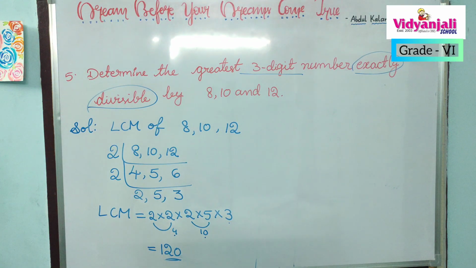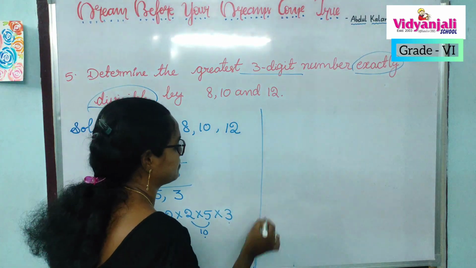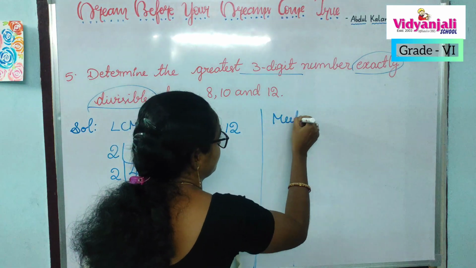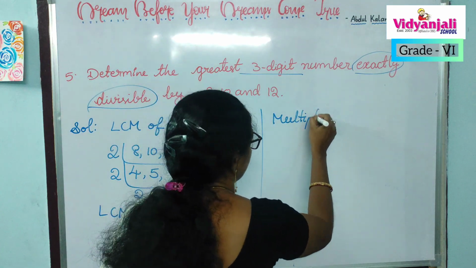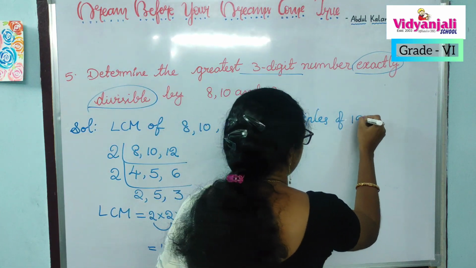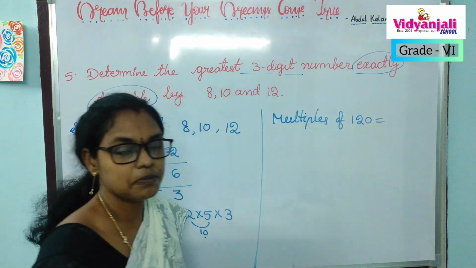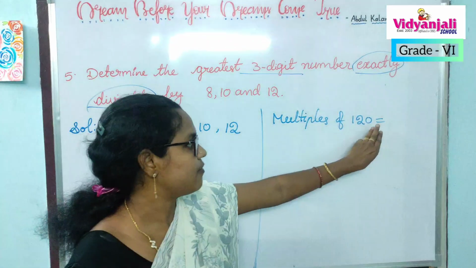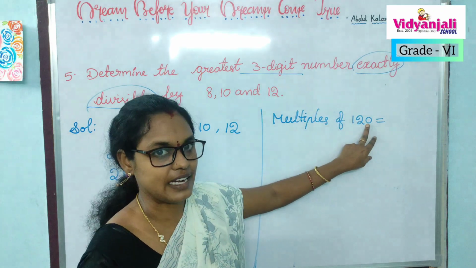Okay, greatest 3-digit number. Let's write the multiples of 120. What are the multiples of 120? If we avoid 0, it is nothing but 12 table, right?